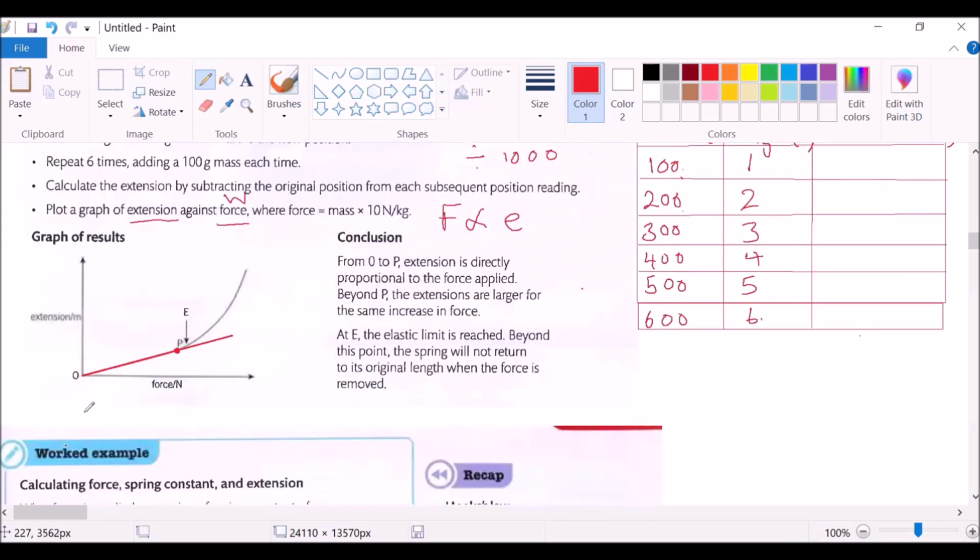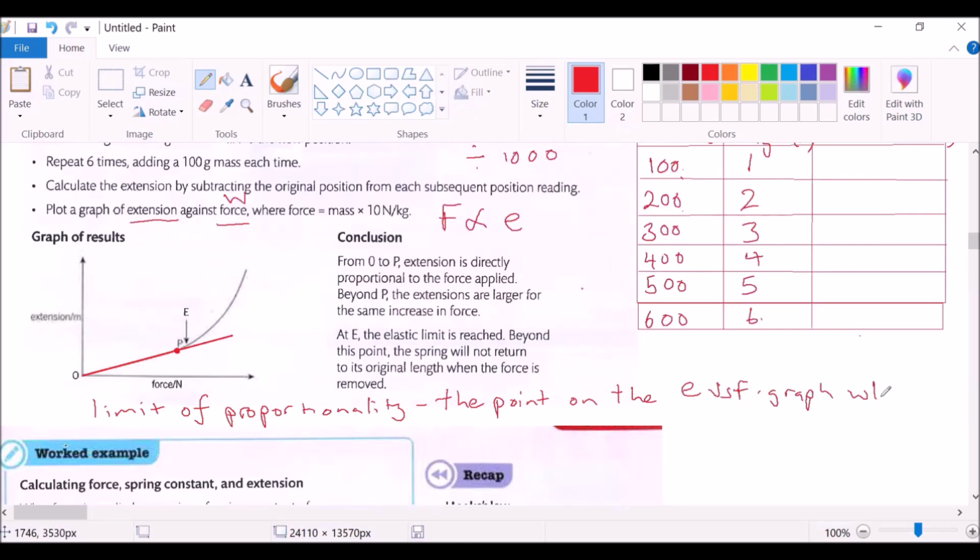So point P is called the limit of proportionality, which can be defined as the point on the extension versus force graph where the graph loses its straightness. Beyond that point, the graph becomes a curve. That is the limit of proportionality.